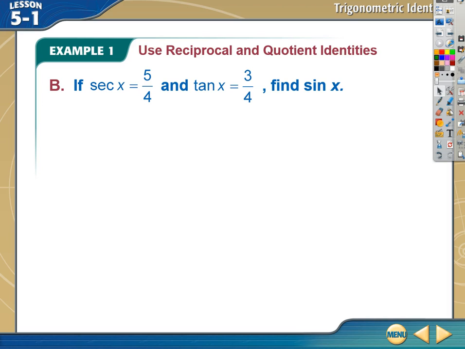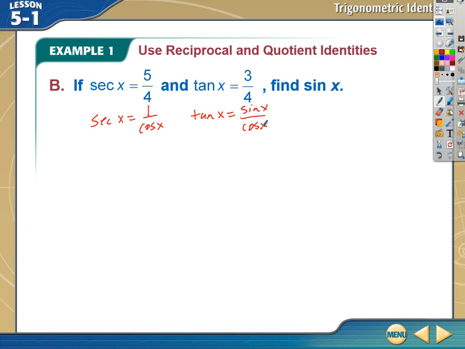So what I do know is that secant of x is equal to 1 over cosine of x. Okay. And I know that tangent of x is equal to sine of x over cosine of x.